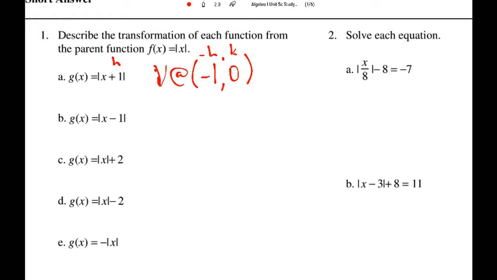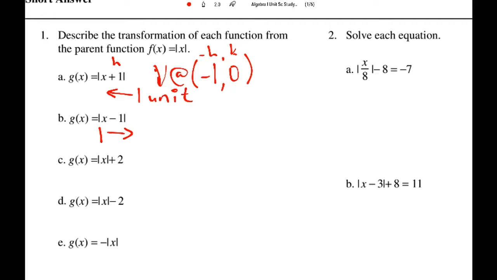So the transformation that occurs here is that you will go left 1 unit. Okay, so this is a horizontal shift 1 unit to the left, and that's what you have to write. For part B, it's minus 1, so it's the opposite direction.